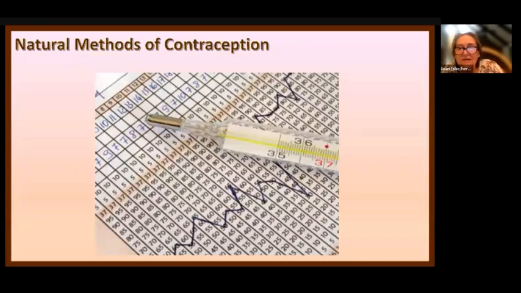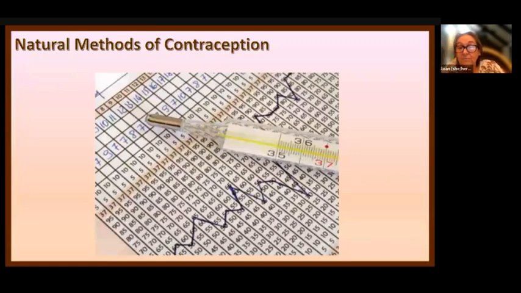Basically, what a woman does is she takes her temperature every day before getting out of bed. There are special thermometers to measure the basal body temperature. You take the temperature either vaginally or rectally, but whichever you do, you have to do it the same way every day.